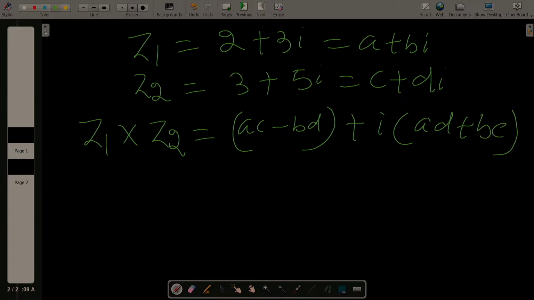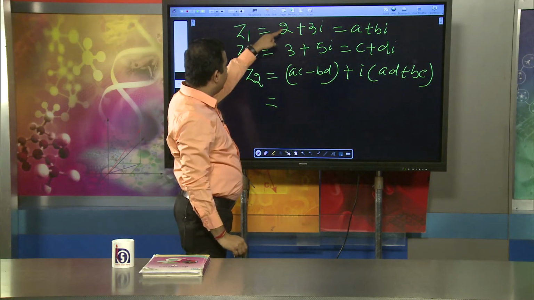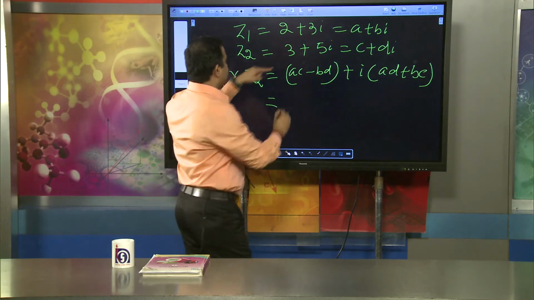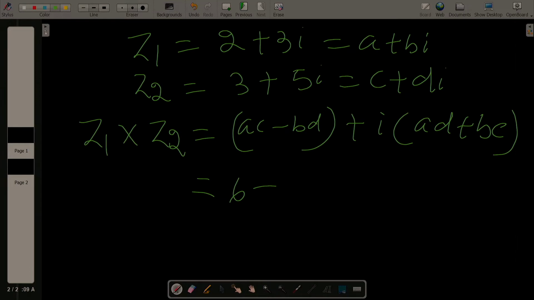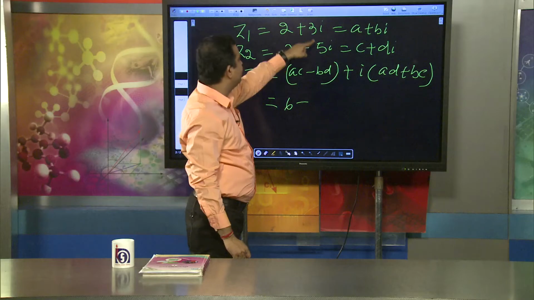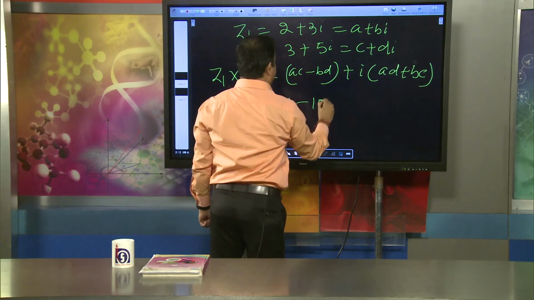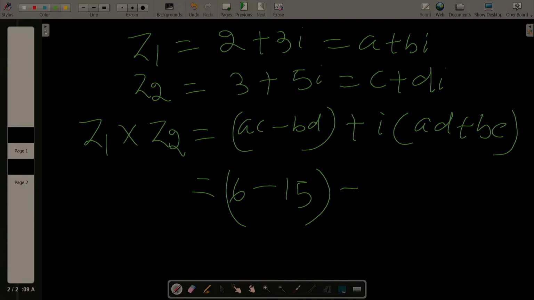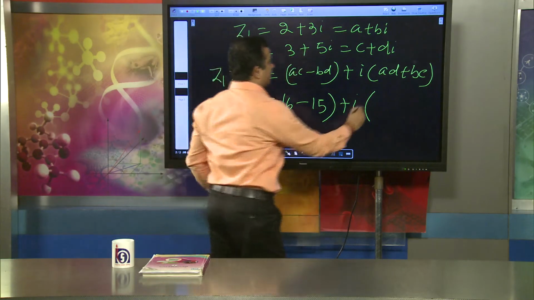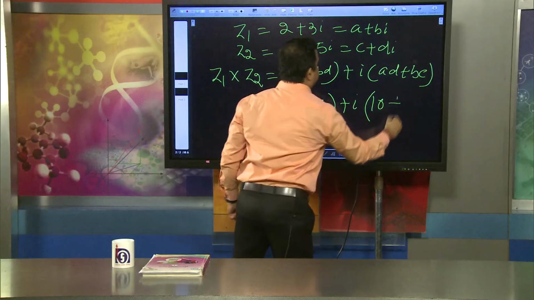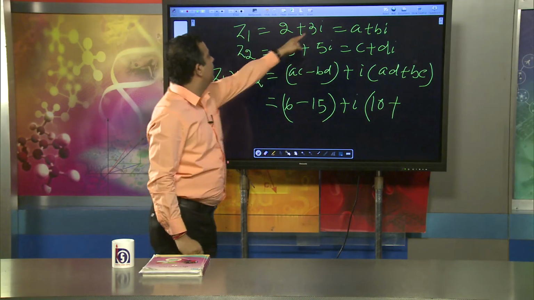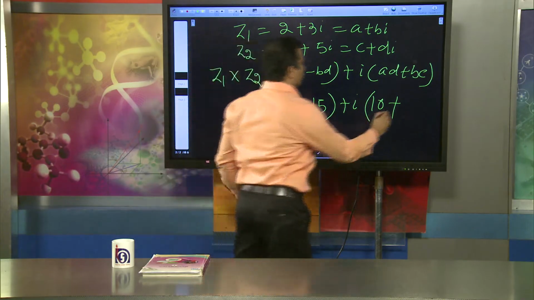So, AC means A and C, that is 2 into 3, 6, minus BD, this is B and D, 3 into 5, 15. 6 minus 15 plus i into AD, that means 2 into 5, which equals 10, plus BC, that means 3 into 3, that is 9.